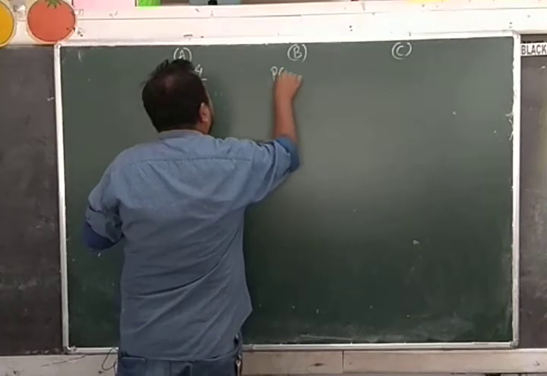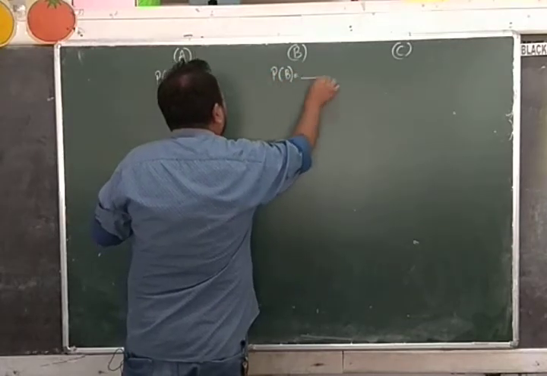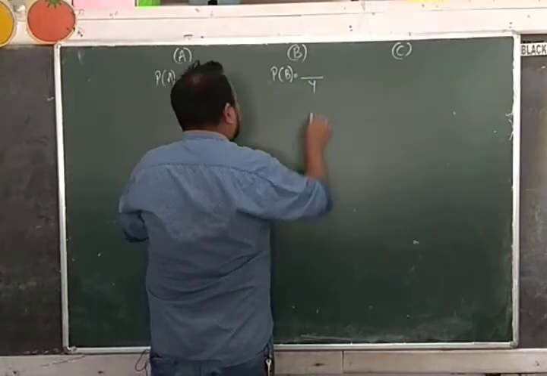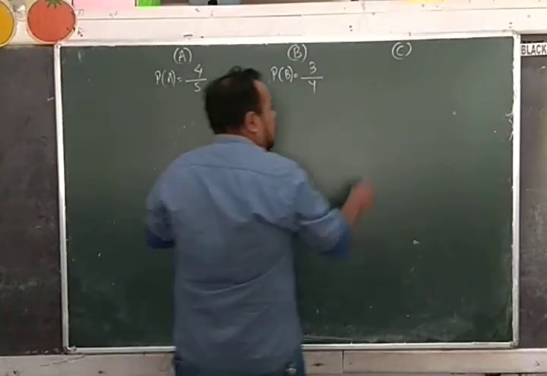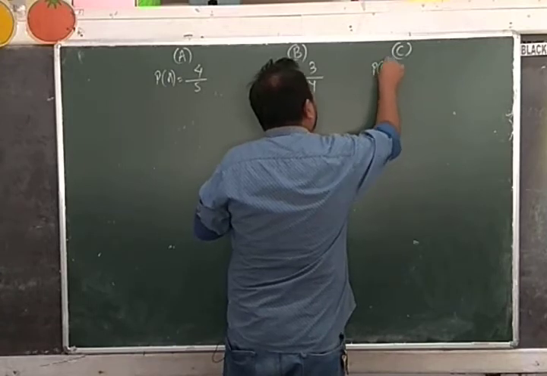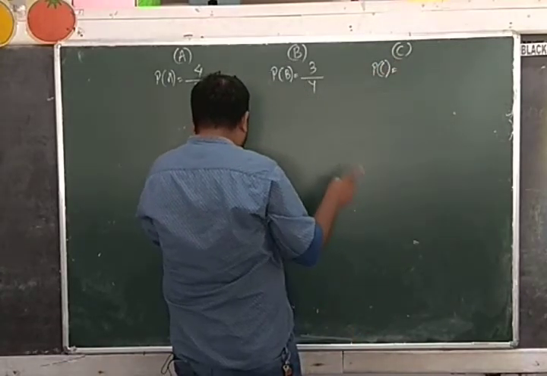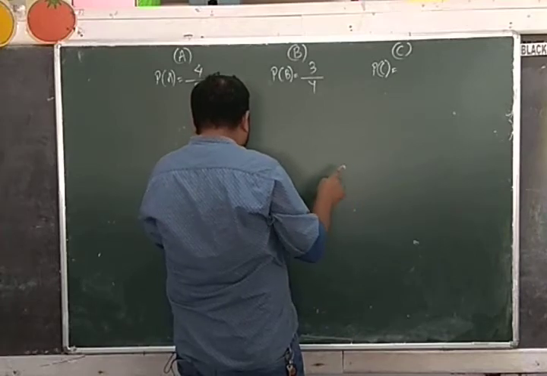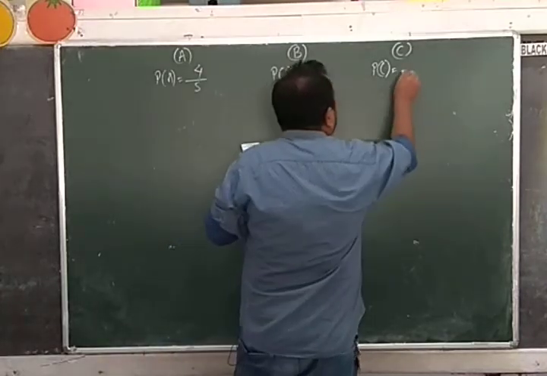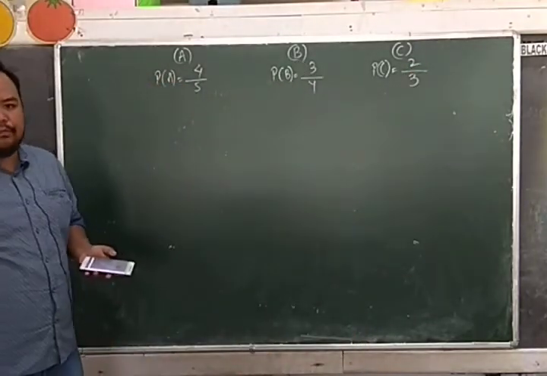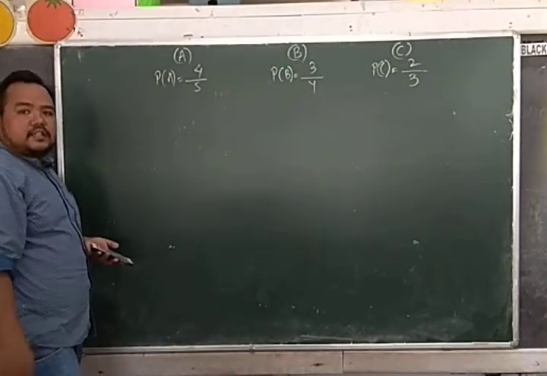B is getting 4 chances, and out of 4 chances, he is hitting the target 3 times. So 3 by 4. In a similar fashion, C hits 2 times in 3 tries. So he is getting 3 chances, and out of that he hits it 2 times. So these are the probabilities of success, isn't it?